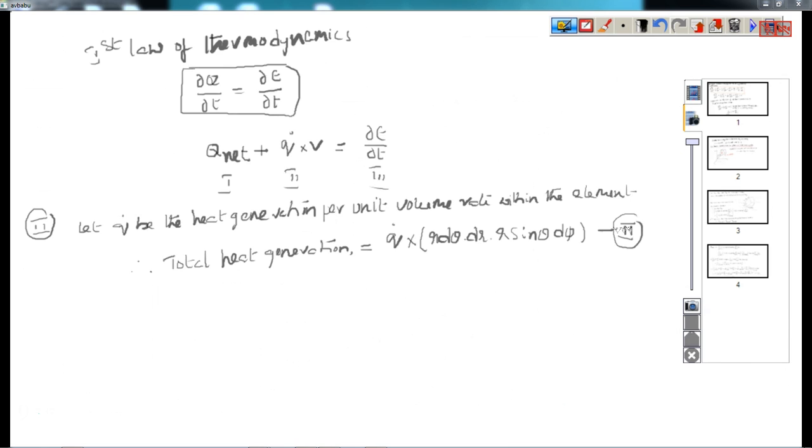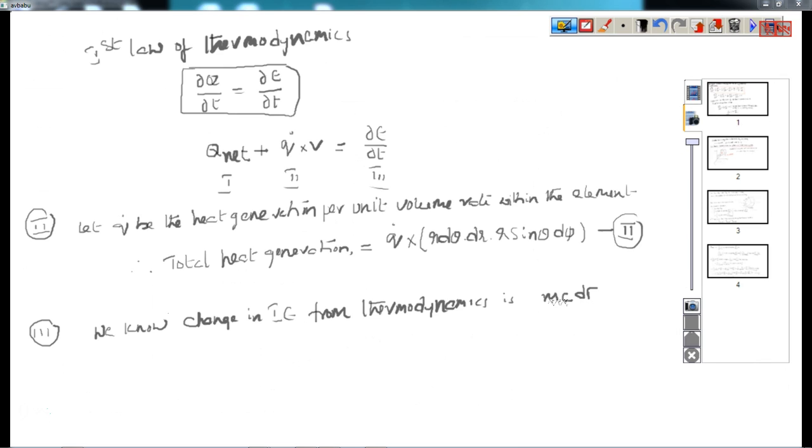Now next, number 3. We know the change in internal energy from thermodynamics is m c dT, where m is the mass, c is the specific heat, and dT is the temperature difference.